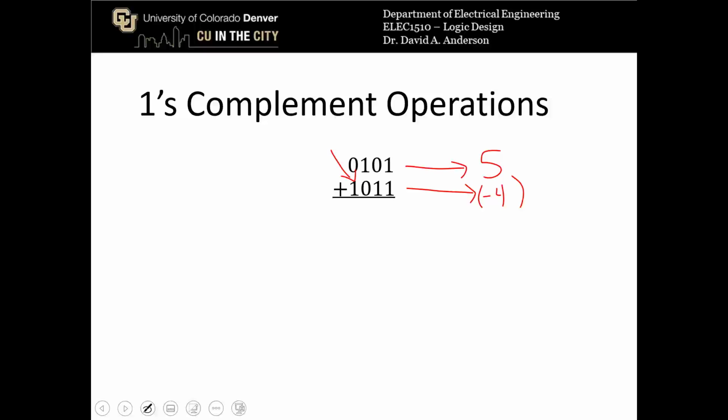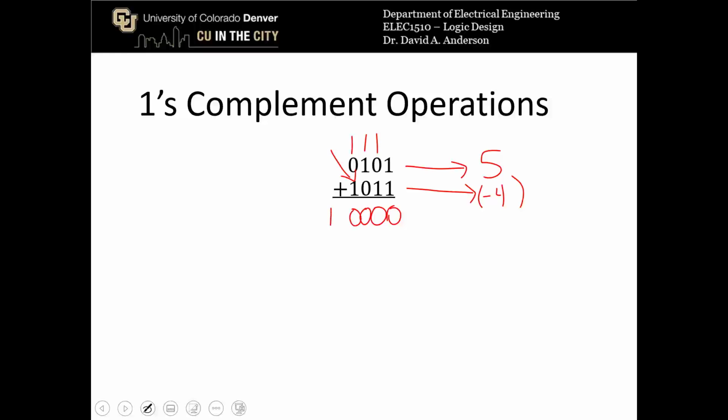Okay, so 1 plus 1 is 0 with a carried 1. 1 plus 1 is 0 with a carried 1. Again, 0 with a carried 1, and 0 with a carried 1.